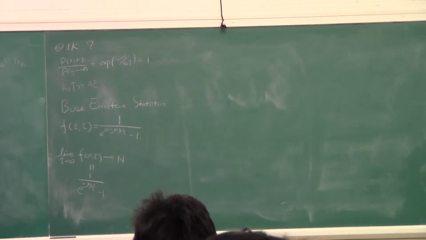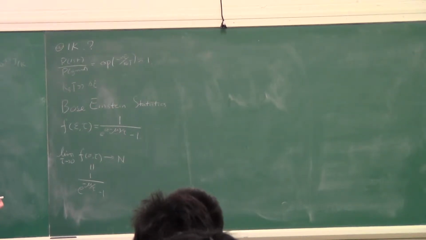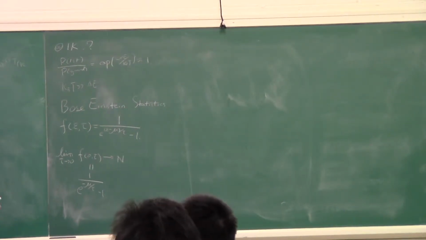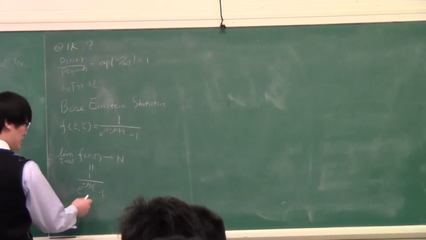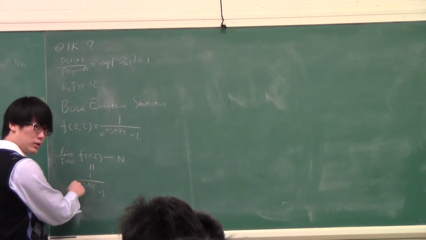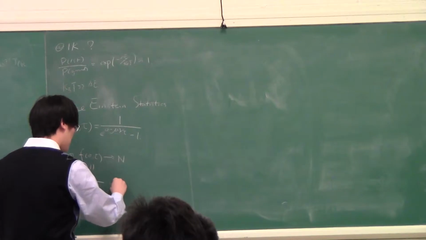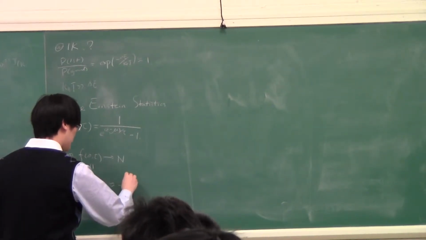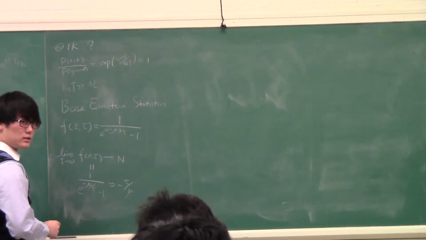Now let me propose that actually the chemical potential approaches 0 much faster than temperature does. That will justify us in evaluating this as a small quantity: the exponential is approximately 1 minus mu divided by tau. Then this is approximately minus tau divided by mu, correct?